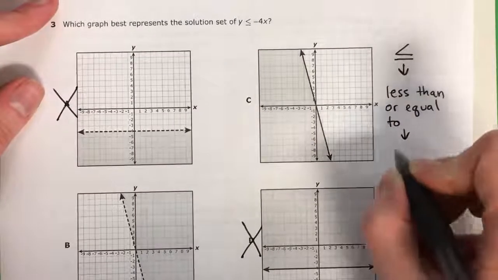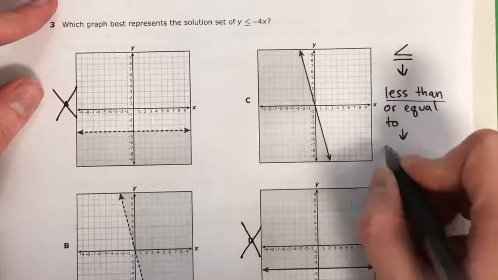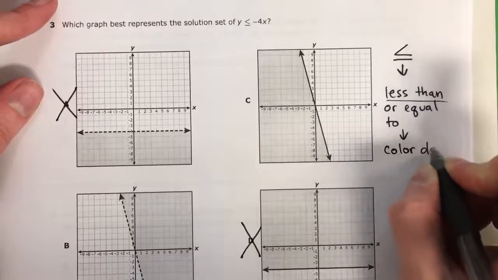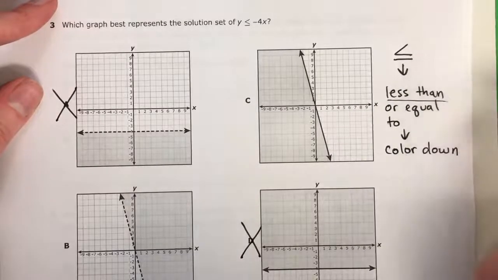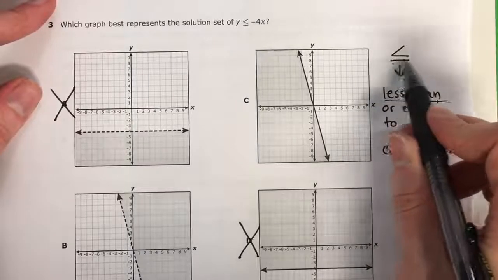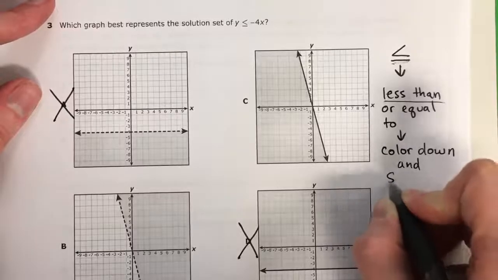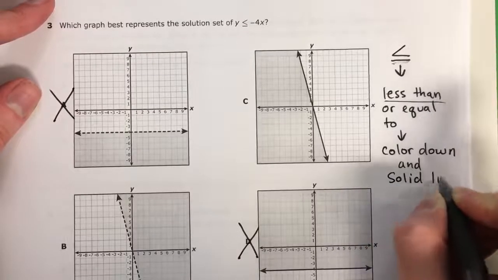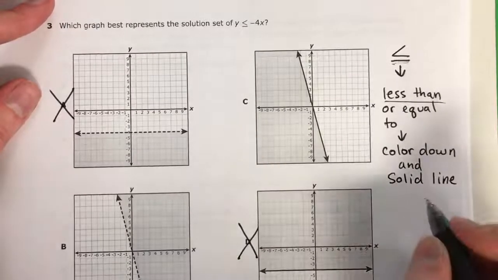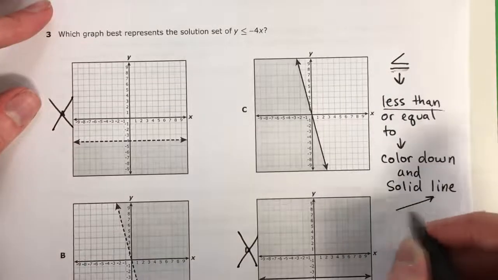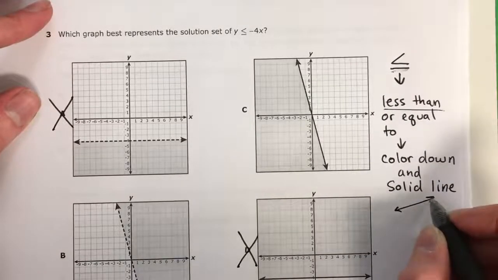Okay, what that means is less than means you have to color down. And if you have this line equal to, that means it's a solid line. And let me just remind you, solid means a line that is like this.